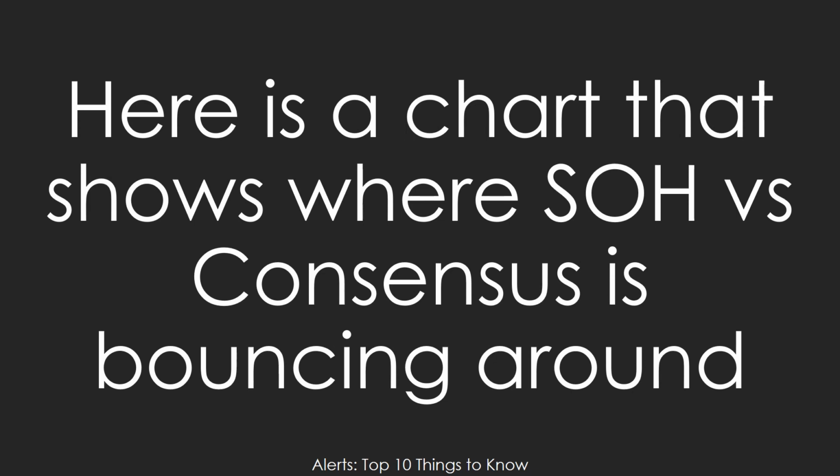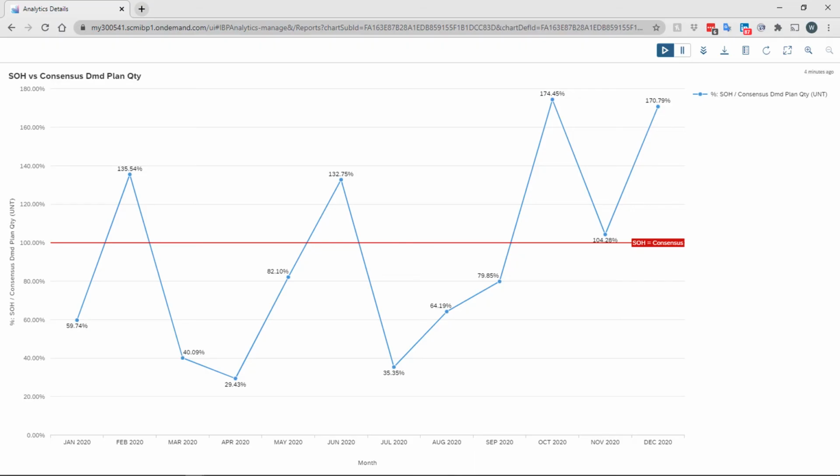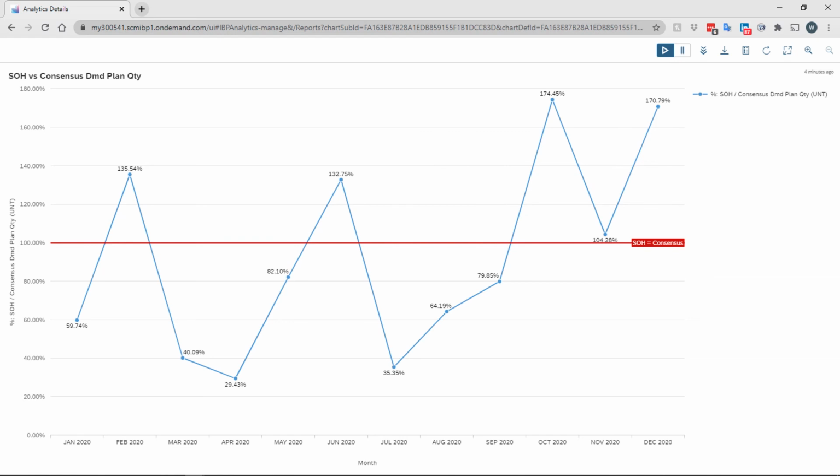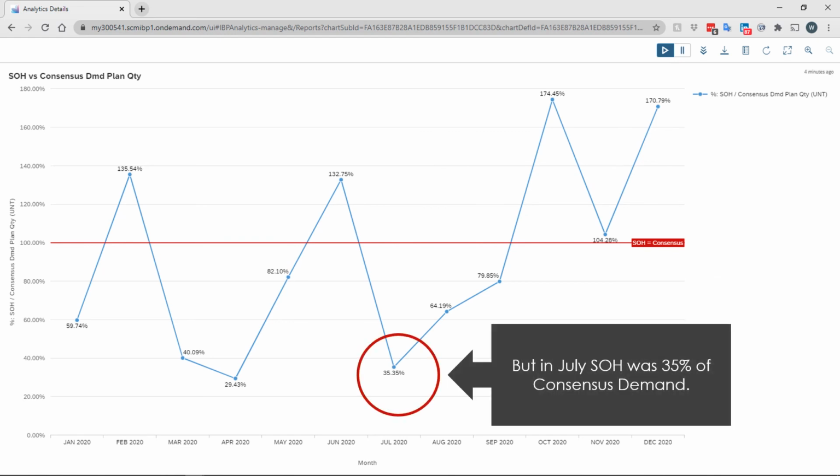Here's a chart that shows where SOH versus consensus is bouncing around. In June, sales order history was 132% of consensus demand. But in July, SOH was 35% of consensus demand.